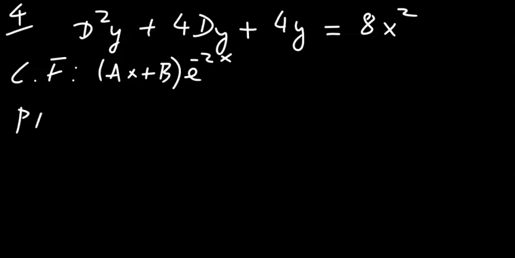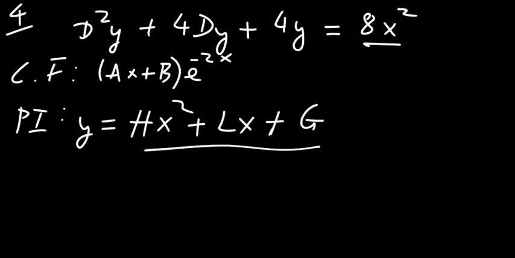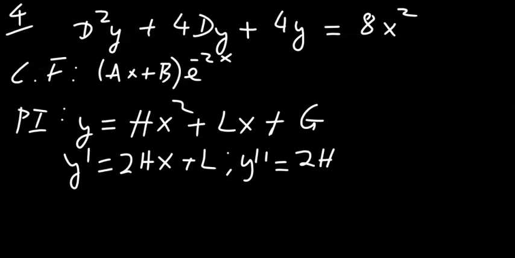Now the particular integral. Since the right-hand side is 8x squared, the assumption can be hx squared plus lx plus g. A polynomial with the highest degree is the same as the right-hand side of the original differential equation. So y prime equals 2hx plus l, and y double prime is 2h.